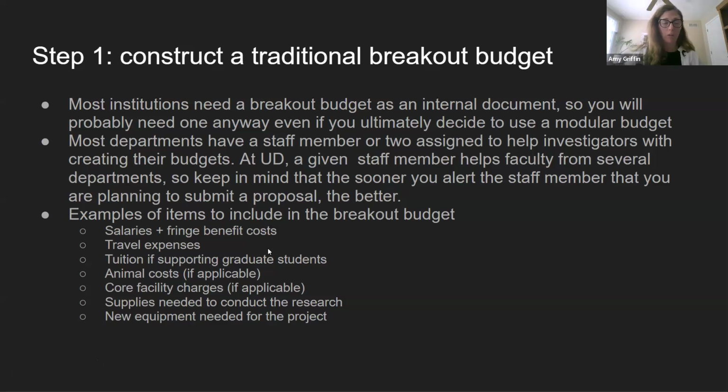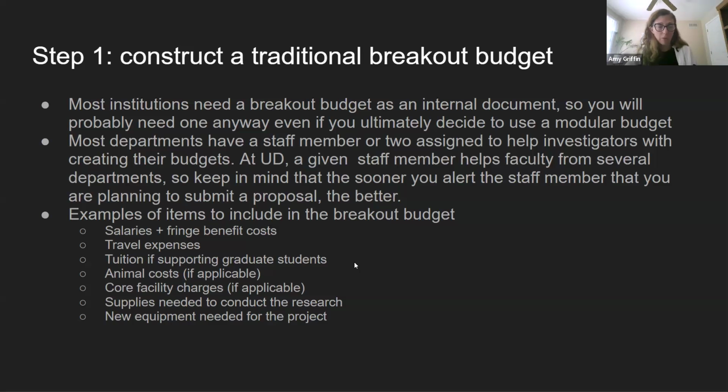Here are the things to include in your breakout budget: the salaries and fringe benefit costs of all the folks that are going to be a part of this project. Travel expenses, and you'll need to divide the travel expenses into domestic and foreign travel. If you're supporting graduate students, you'll need to pay a portion of the tuition cost, and your grants office can help you with what that figure is.